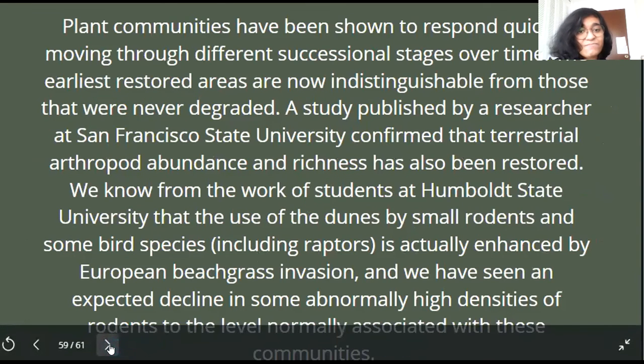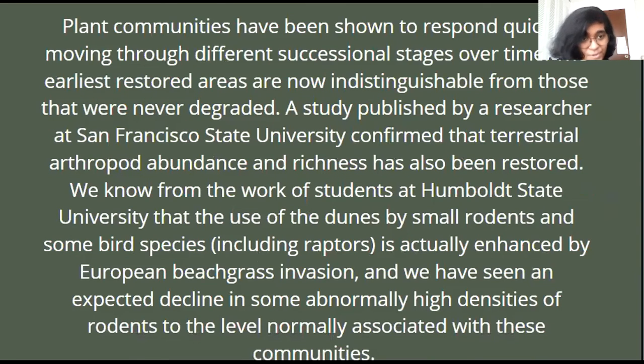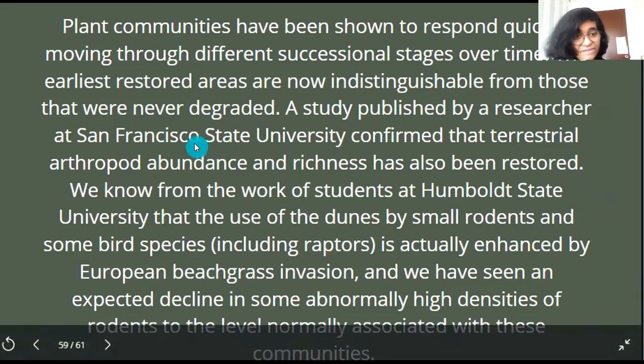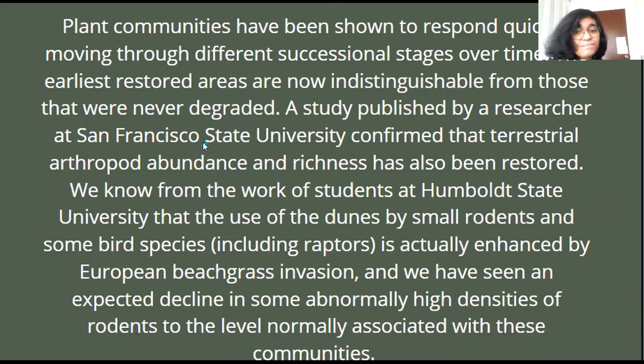To date, our efforts have been rewarded with positive results. Plant communities have been shown to respond quickly, moving through different successional stages over time. The earliest restored areas are now indistinguishable from those that were never degraded. A study by a researcher at San Francisco State University confirmed that terrestrial arthropod abundance and richness has also been restored.